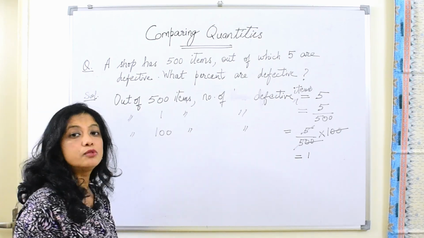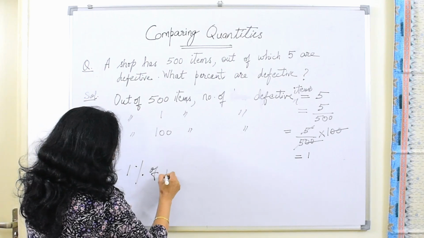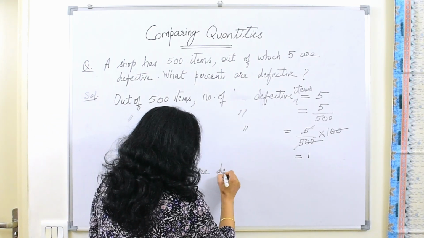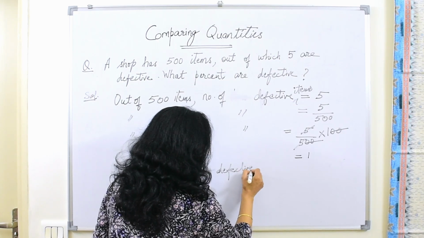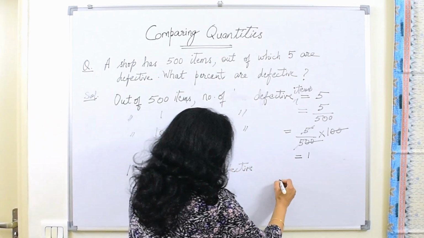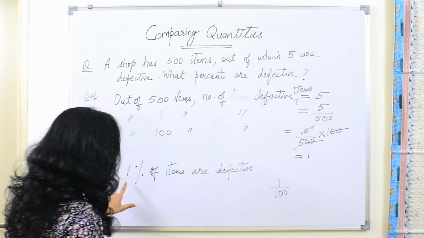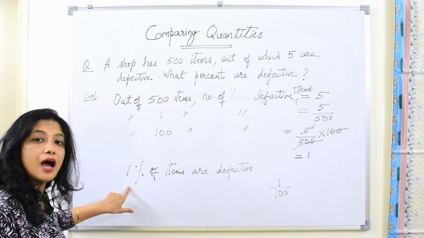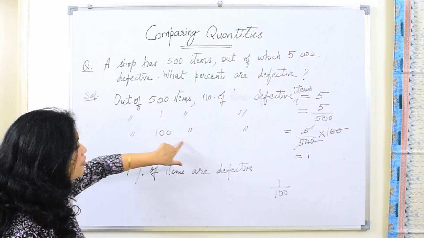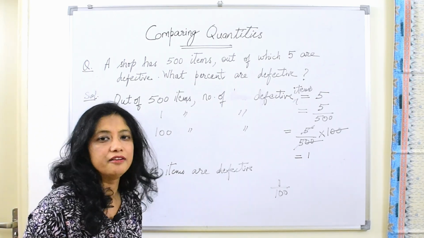So our answer is 1%. 1% of items are defective, because 1% means 1 out of 100. So which have we found out here? Out of 100, how many items? 1. So, 1% of the items are defective.